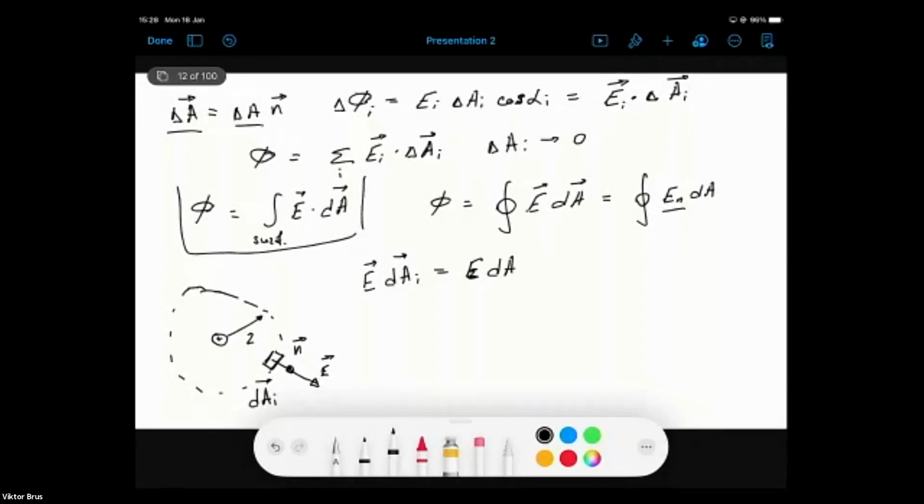So now we definitely want to calculate the total electric field flux through the whole surface of this sphere.